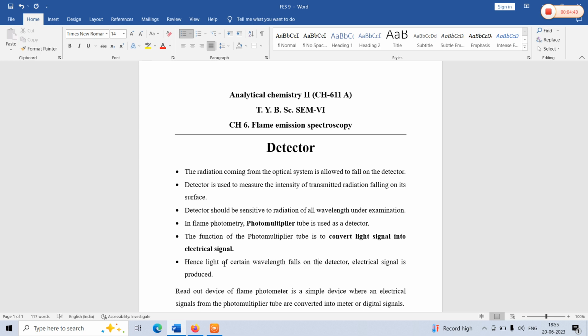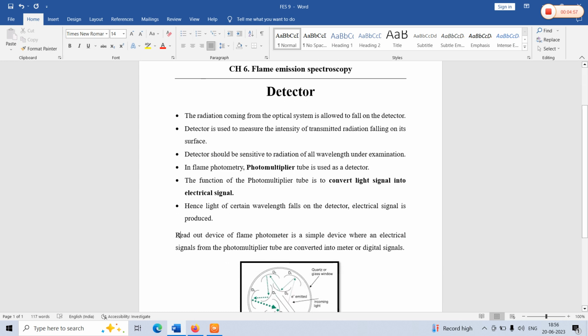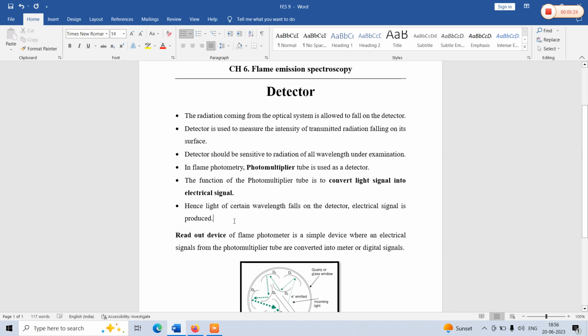Now whatever electrical signal is produced gets measured. Next is the readout device. The readout device of a flame photometer is a simple device where electrical signals from the photomultiplier tube are converted into a meter reading or digital signal. After the conversion of the electrical signal, there is a measurement system, which is called the readout device.